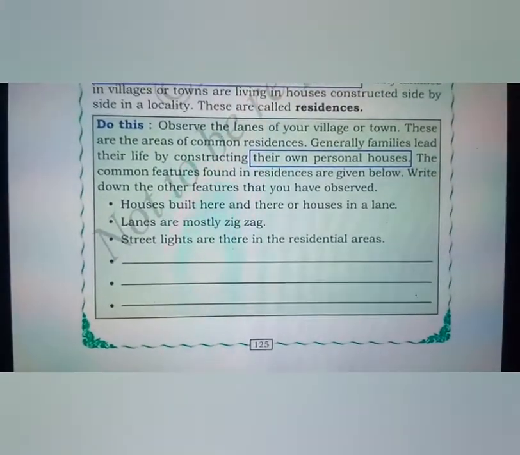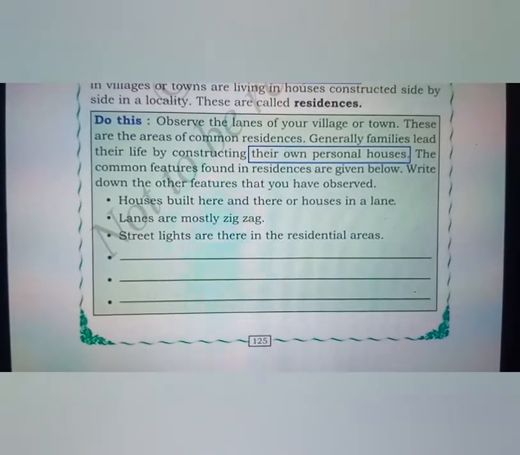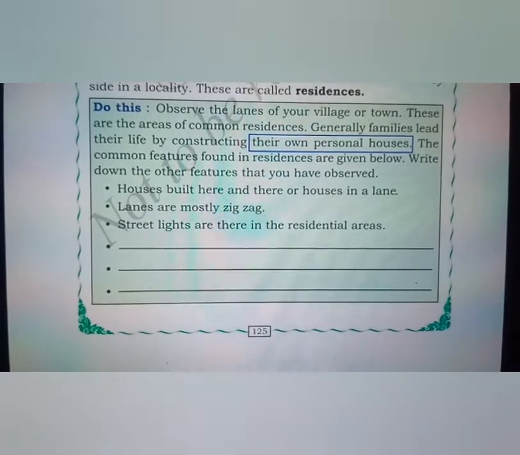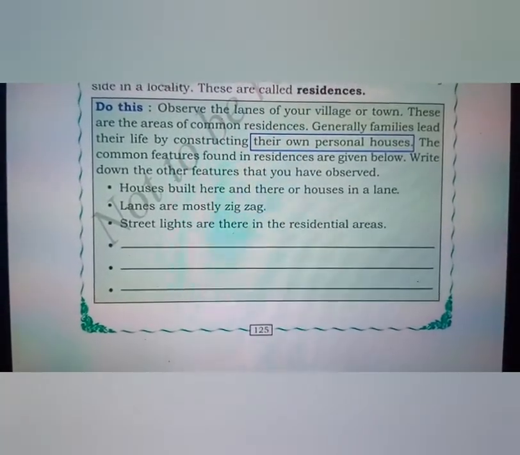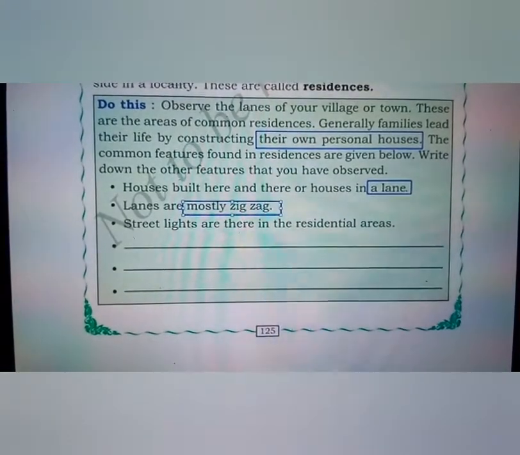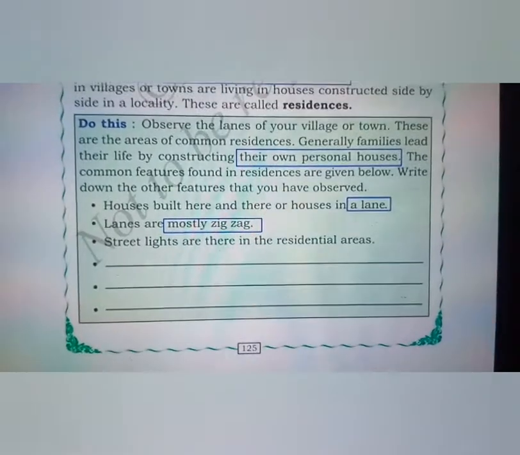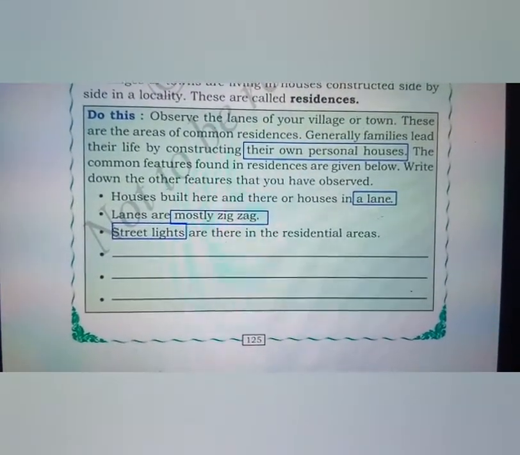They have already given three features. First of them is houses built here and there in a lane. Lanes are mostly zigzag. And street lights are there in the residential areas.